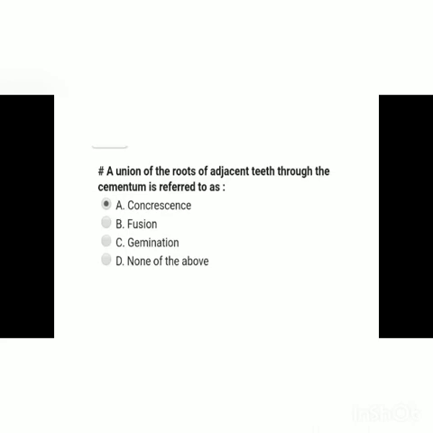If the contact occurs at a later stage, when a portion of the crown has already been completed, there may be union of the roots only, and the tooth so formed may have separate or fused root canals. It is common in deciduous as well as permanent dentition, though it is more common in deciduous dentition.